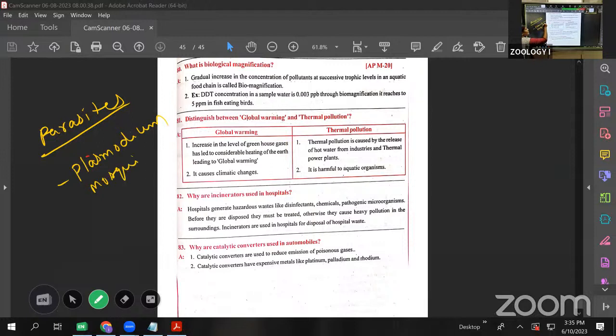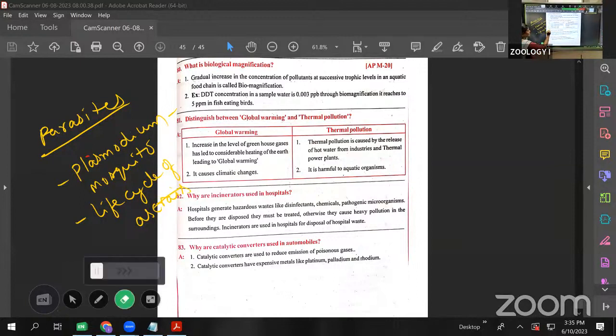Learn it compulsorily. The second is the life cycle of Ascaris. These two from the parasites you must learn.